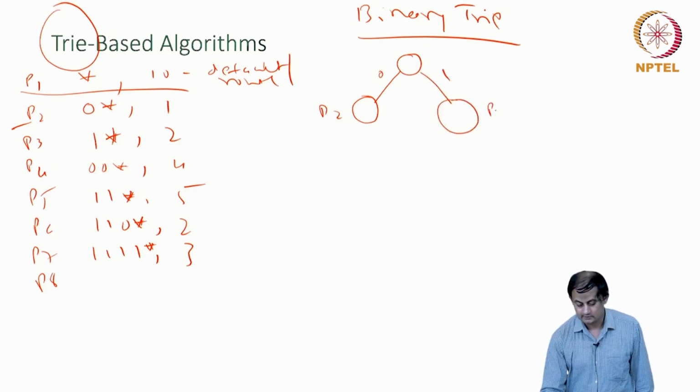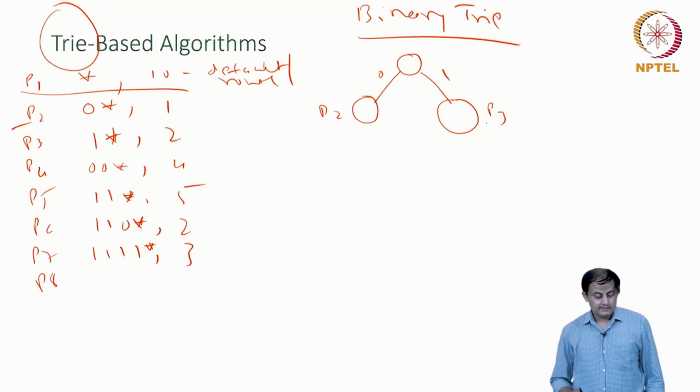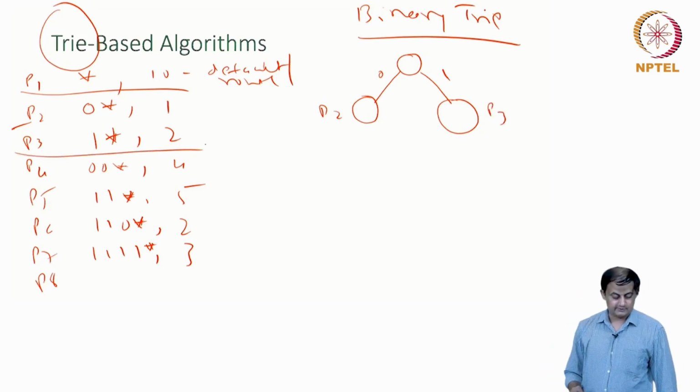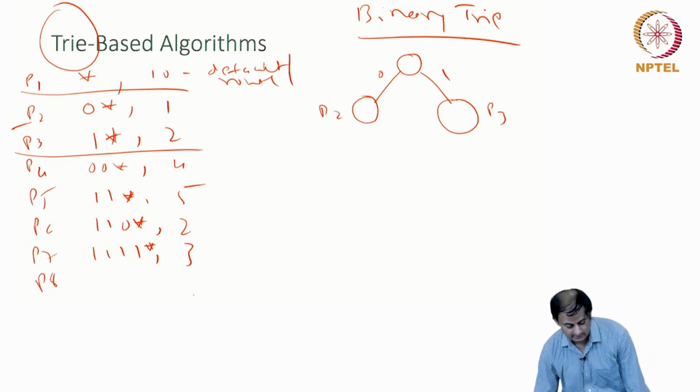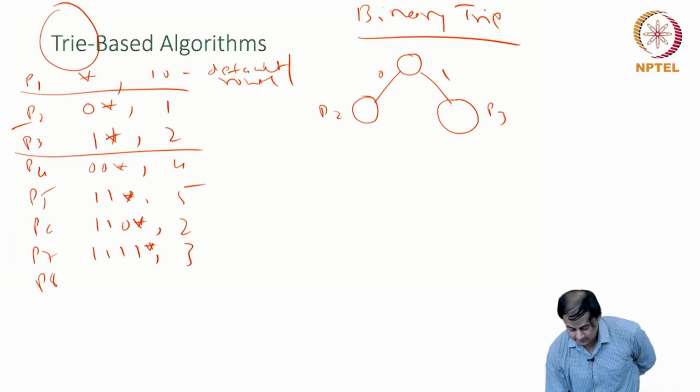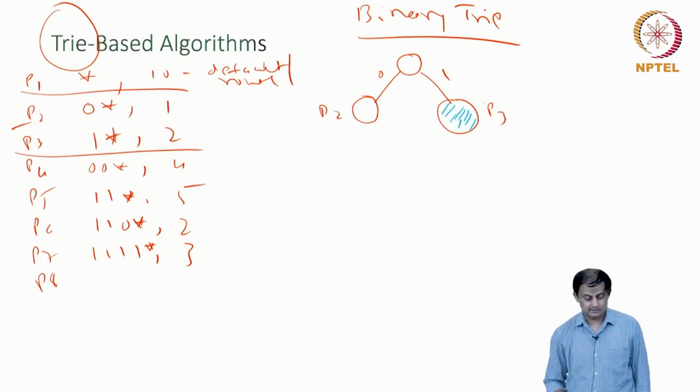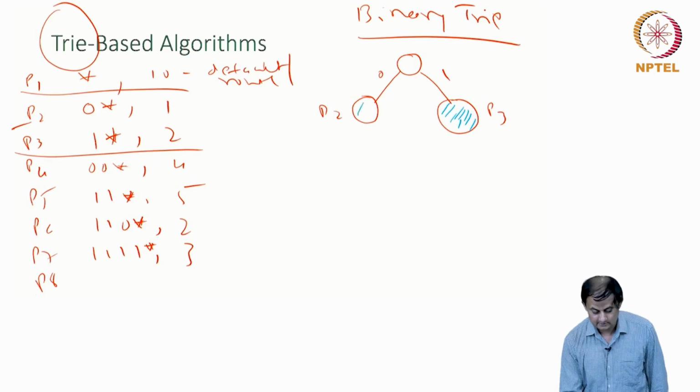This is my P3. Every time some prefix is matching, I am going to highlight that particular node with a color. Maybe this is my P3, indicating that the prefix 1 star is matched, so this is marked, and 0 star is matched here, and that is why this is marked.